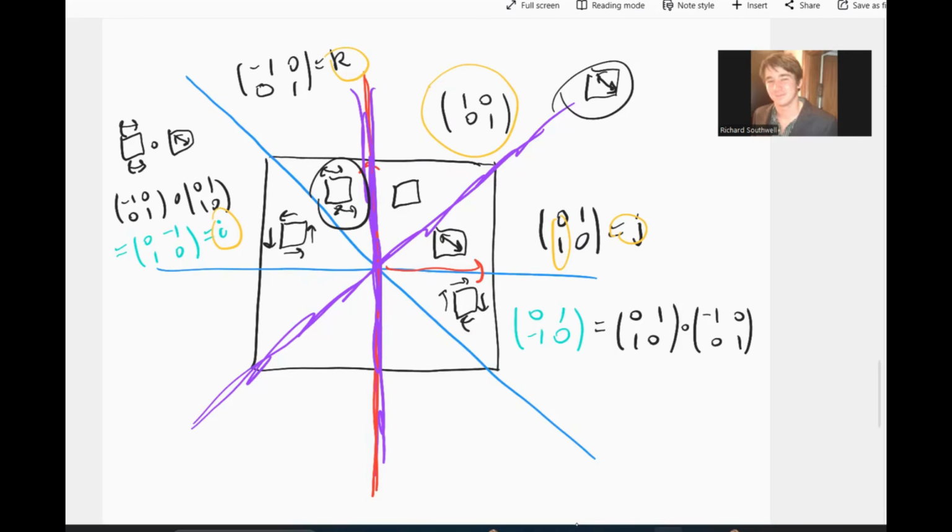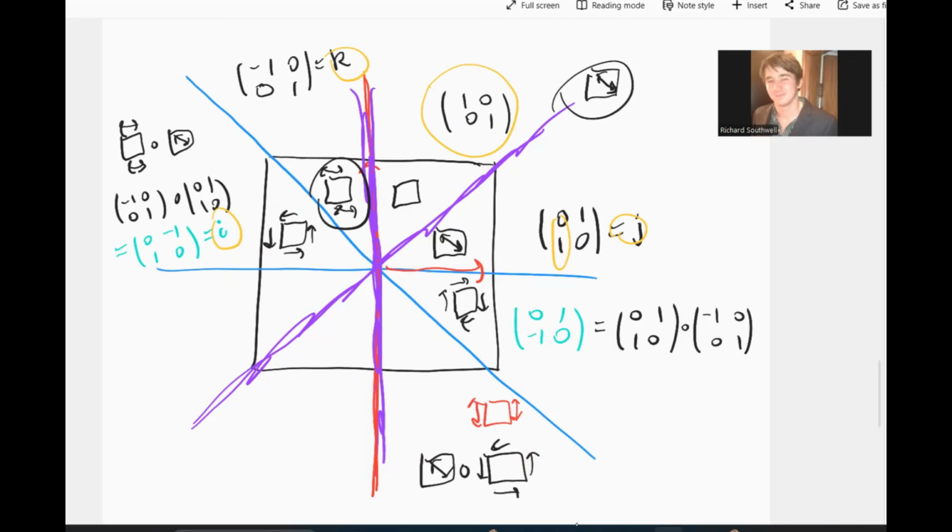Anyway, let's carry on. So next, let's apply this diagonal symmetry to this I here. So what are we going to get? Well, it's the result of applying this diagonal symmetry to here.